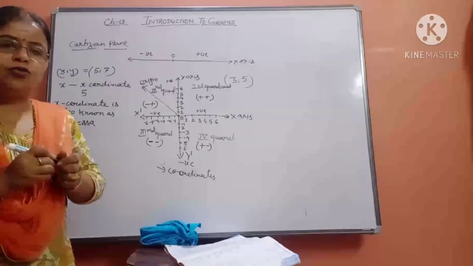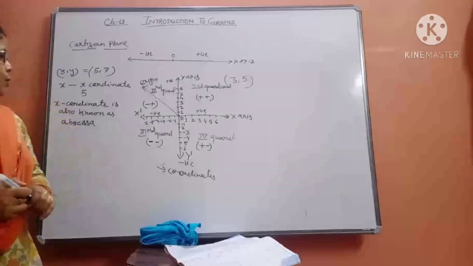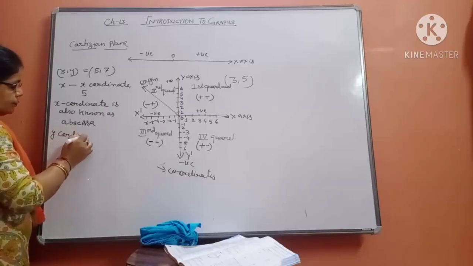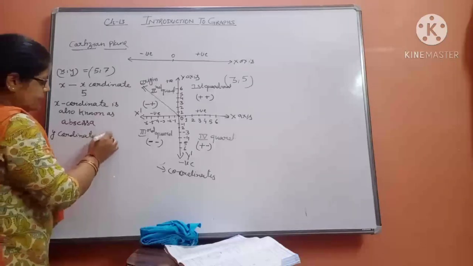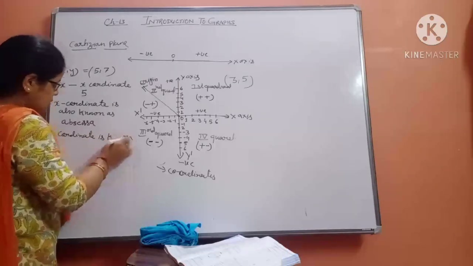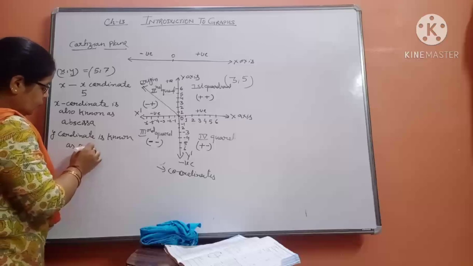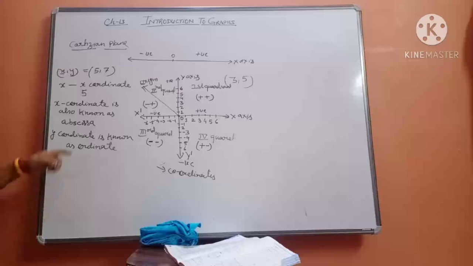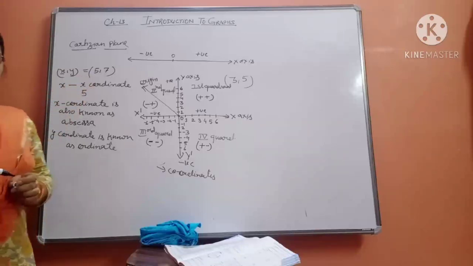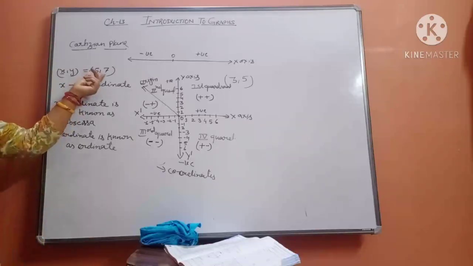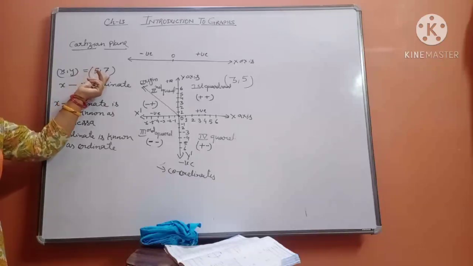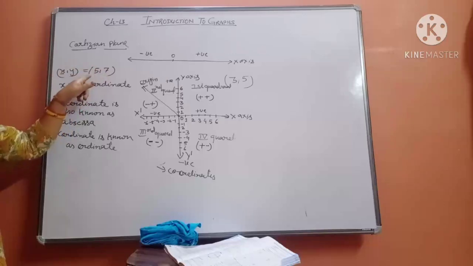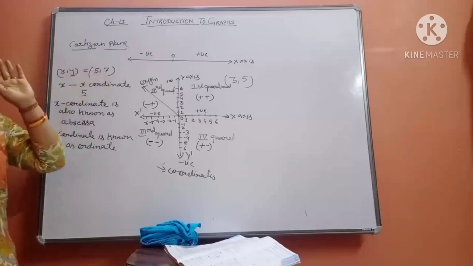The x coordinate is known as the abscissa, and the y coordinate is known as the ordinate. Suppose I tell you to tell me the value of abscissa in the given ordered pair, then you will say that the value of abscissa is 5 and the value of ordinate is 7.